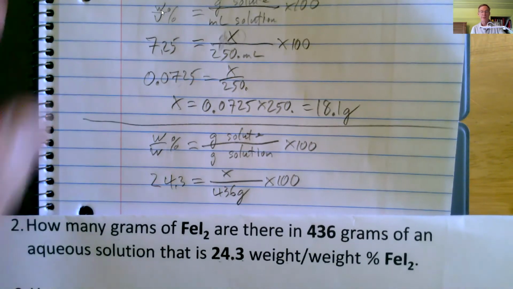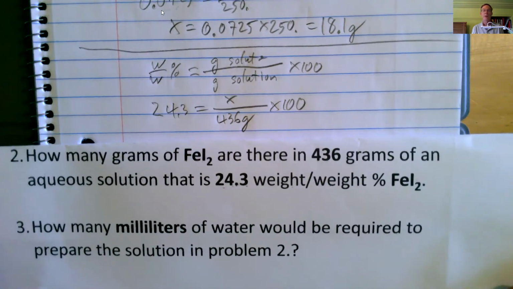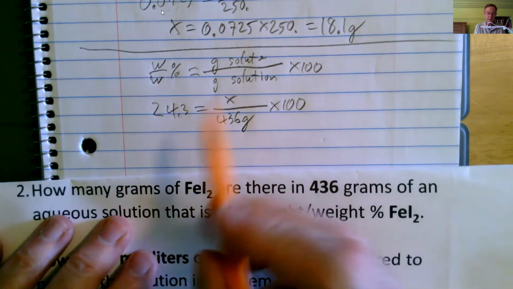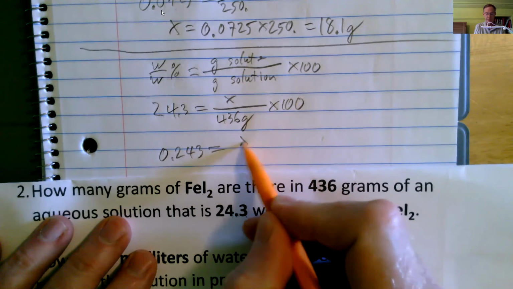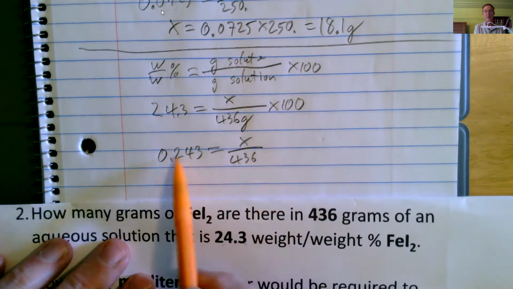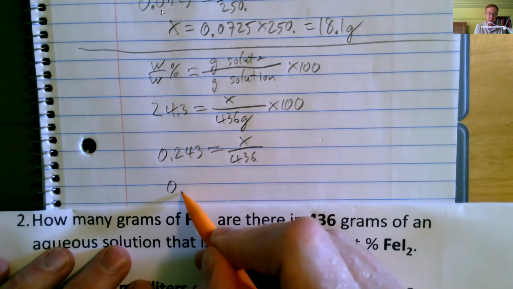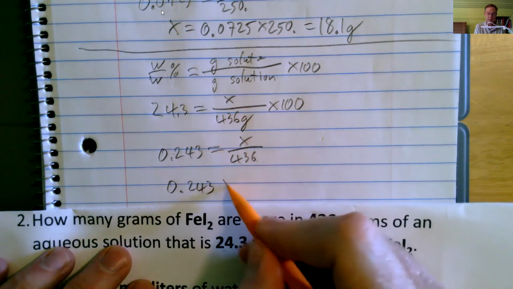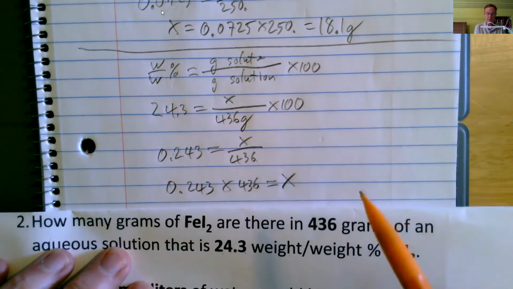So we're going to solve it the same way we solved the last problem. We are going to divide both sides by 100. So this is going to become 0.243 equals x divided by 436. Then I'm just going to multiply both sides by 436. So I get 0.243 times 436 equals x.